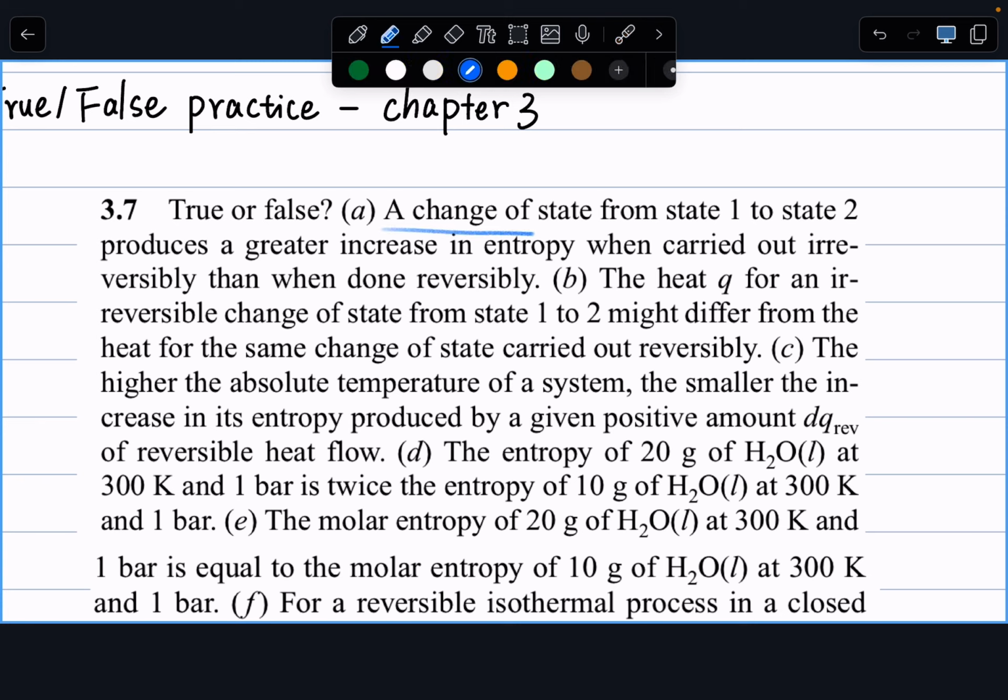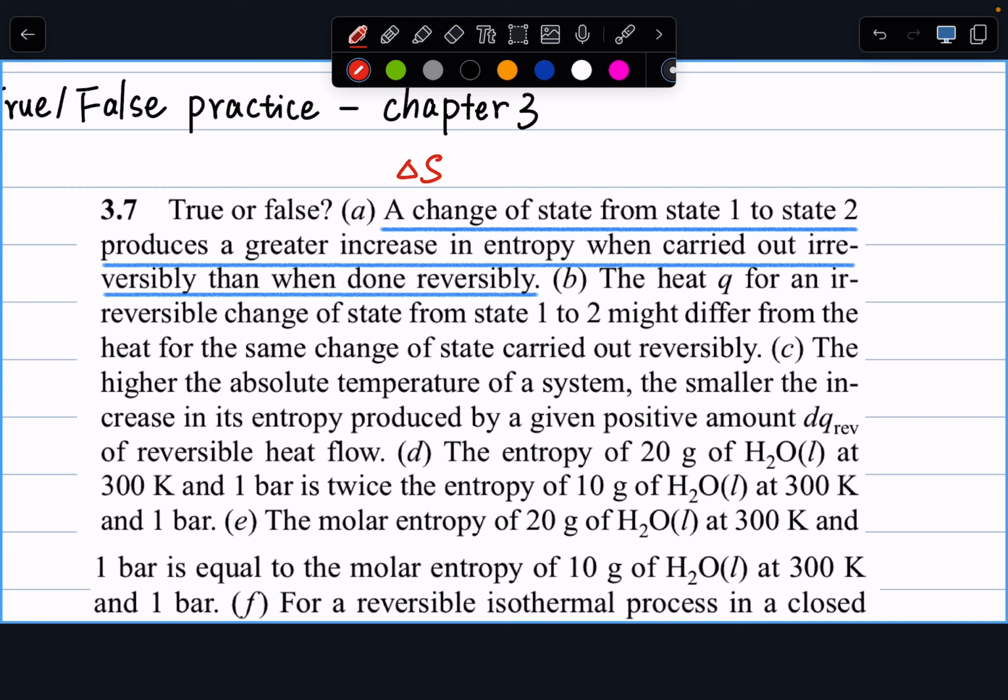First question. A change of state from state 1 to state 2 produces a greater increase in entropy when carried out irreversibly than when done reversibly. Okay, so what exactly is this question asking? We are talking about delta S of a process between my state 1 and state 2.